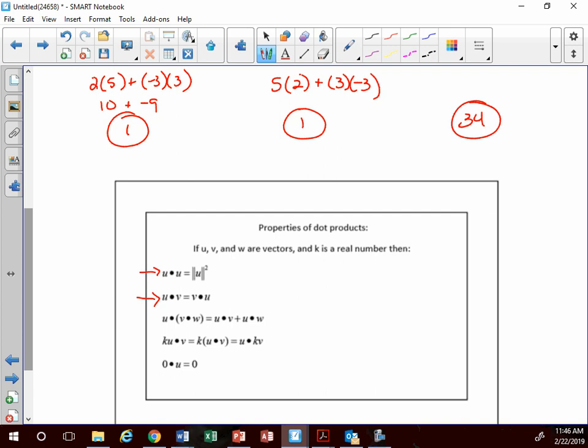You can multiply a dot product by a scalar. If you do a dot product with 0 and a vector, you end up with 0 as your answer. Okay, so 0 dot any vector is 0, which I think is pretty simple.